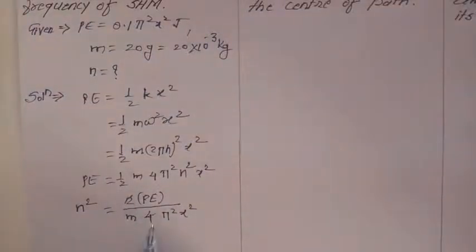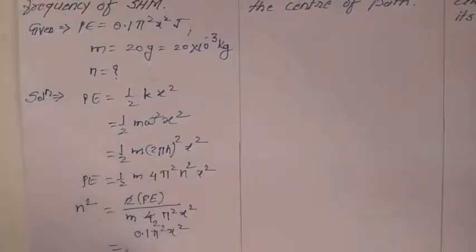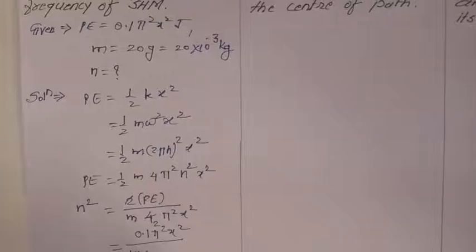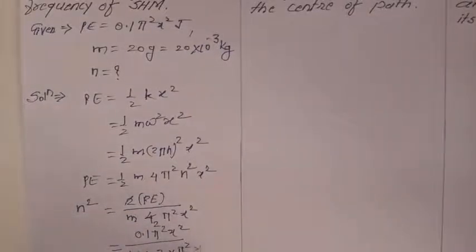Here I divide this 4 by 2, so potential energy upon 2m pi square x square. When I put all the values, here I have given potential energy is equal to 0.1 into pi square x square upon m into, now there is 2 only, into pi square x square.